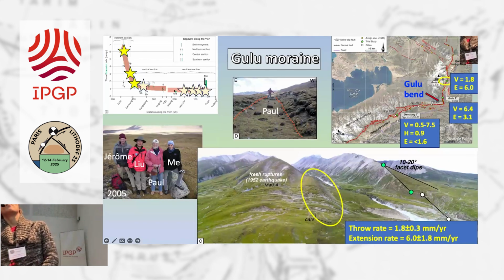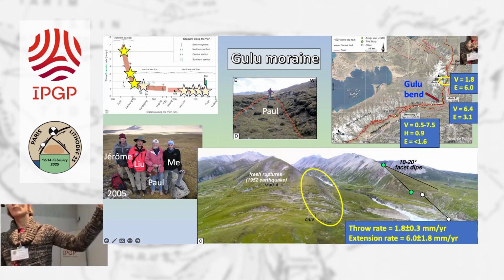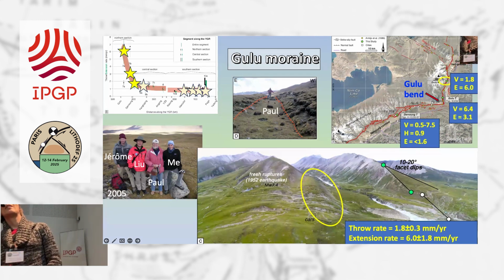So then we collected samples at several locations along the northern Yadong-Gulu Rift. So first, this Gulu moraine right here. You see the crest that is cut by 20 or so fault scarps facing up, facing down. You have Paul in one of those small grabens, and Jérôme and Liu Xiaohan in 2005.